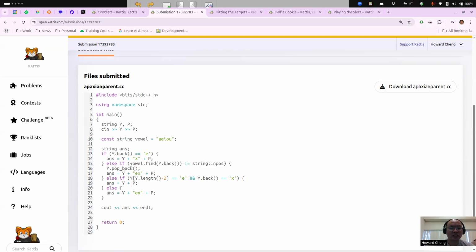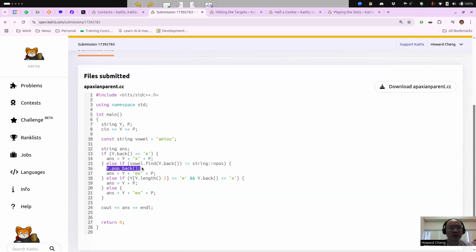So this check says that whatever it returns, it's not the special location, therefore it's found. That's I guess the only check that I want to make. All right, so the answer is what I'm trying to build. If the last character of Y is an E, then all I do is add an X. Otherwise, if the last character is a vowel, then I remove that vowel.